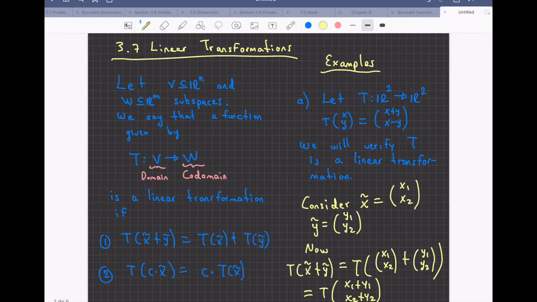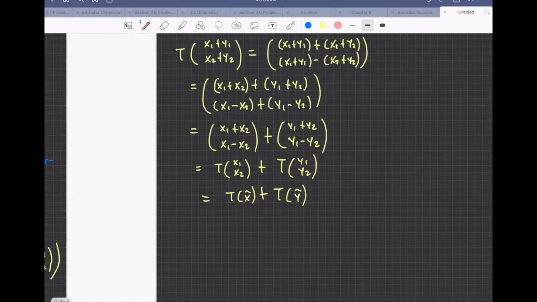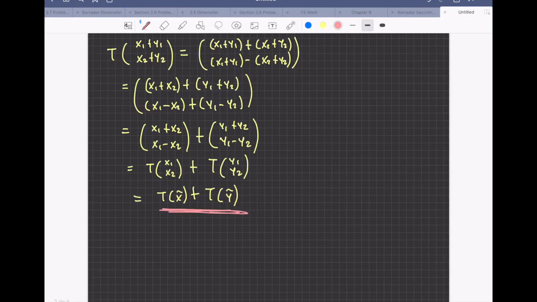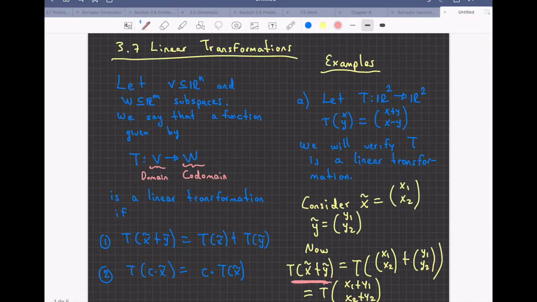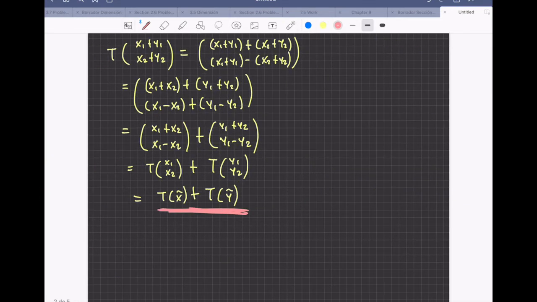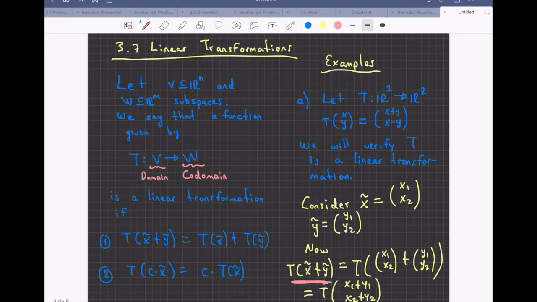So yes, in this case we have shown that T of x plus y is the same as T of x plus T of y. So we have shown that the first part for linear transformation is true. Now we have to verify the second one.